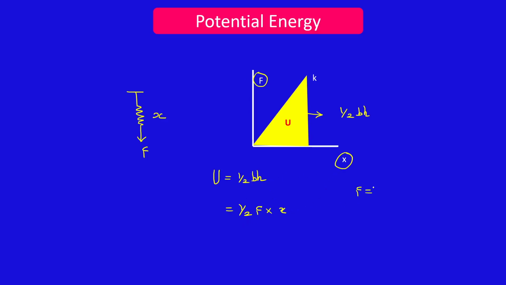Again, we know that F is equal to Kx, then half into Kx into x, half Kx square. So total potential energy stored in a spring is half Kx square. So this is how we obtain potential energy stored in a spring. There is no need to memorize all these formulas. Once you know the concept and logic, you can easily derive these formulas.